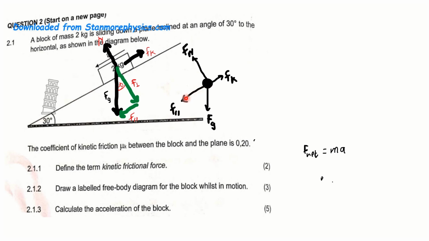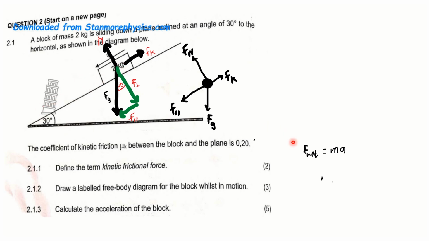However, since the F parallel is higher in magnitude than the friction force, it was able to slide. I'm saying this so that we understand why the normal force, this force upwards, is the same as this force perpendicular downwards here. It is because the box is not going up or down. Instead, it's going to the left like that.